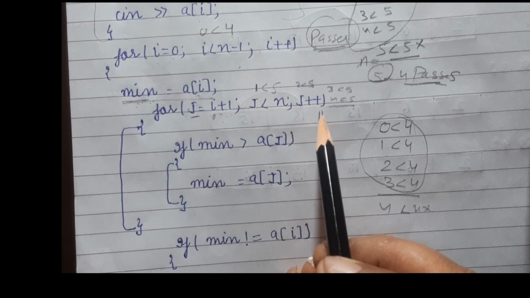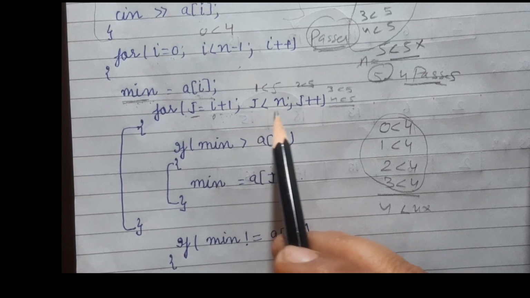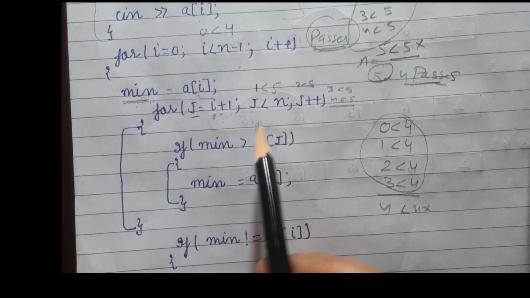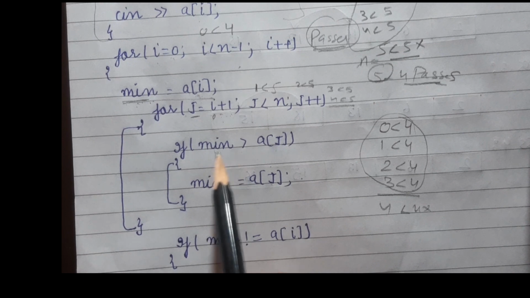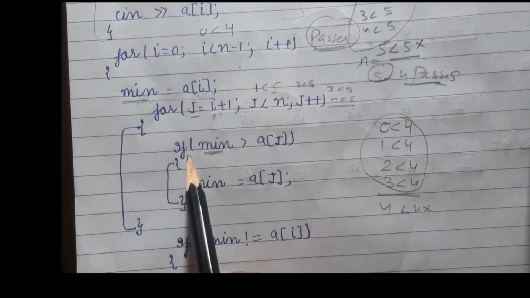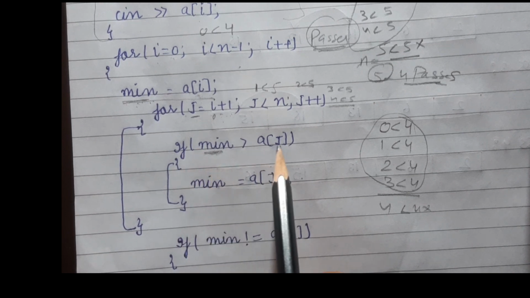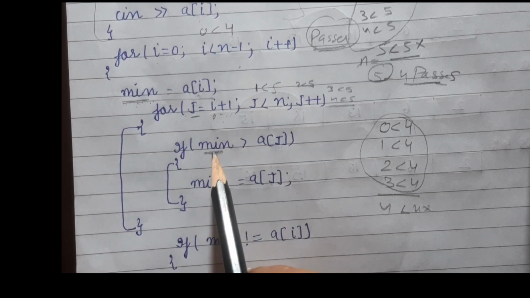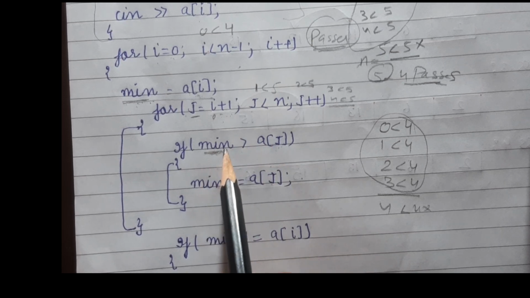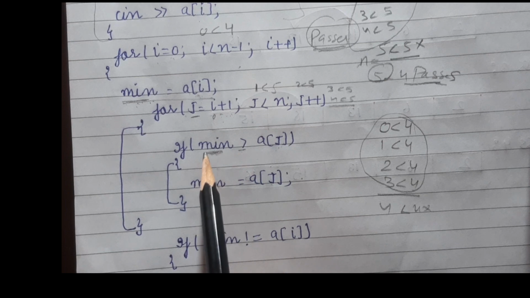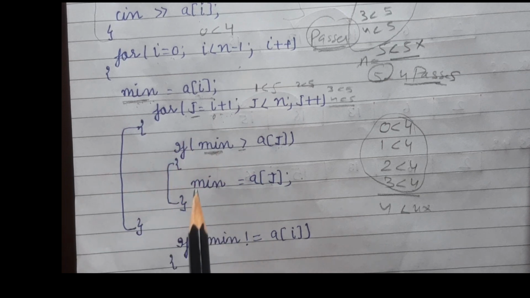There is no need to move to the 5th index. So that's why I implemented here j less than n. So now I implement the if structure. If minimum is greater than a of j, it means this minimum is not the minimum. So we update the value of the minimum with a of j.